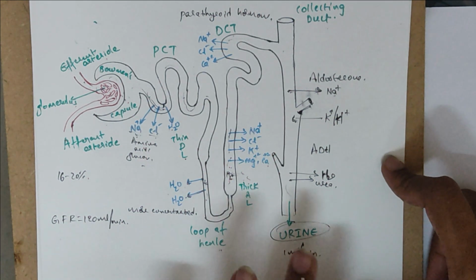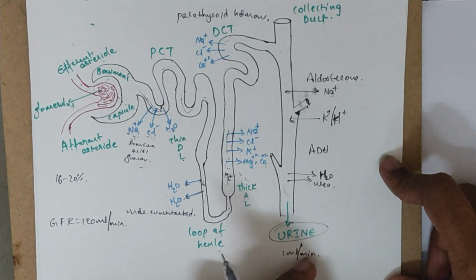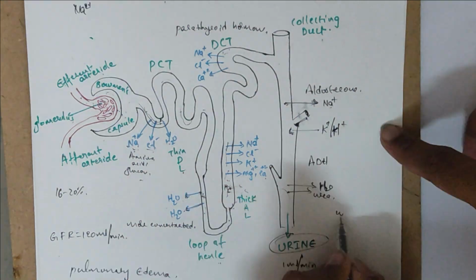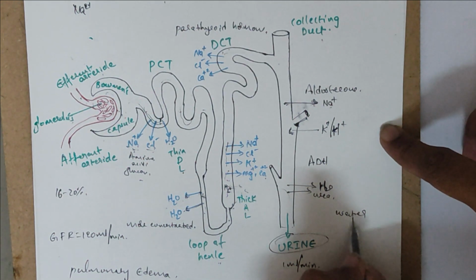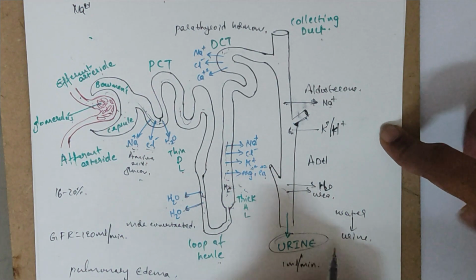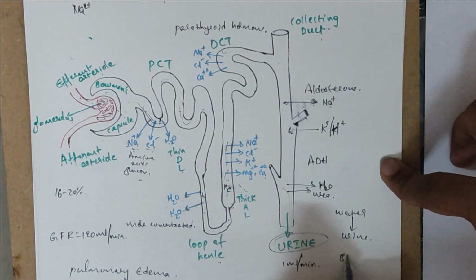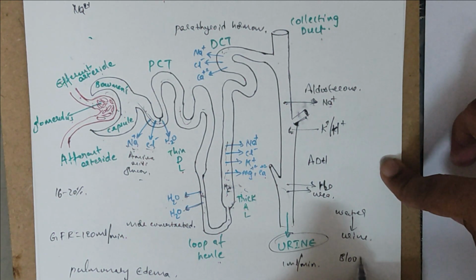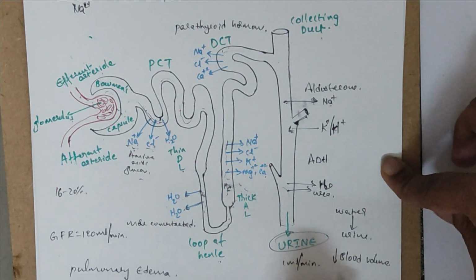The main goal of diuretics is to increase the urine production, to increase the amount of water in urine. It results in excretion of more water from the body into the urine. So ultimately the blood volume will get reduced.